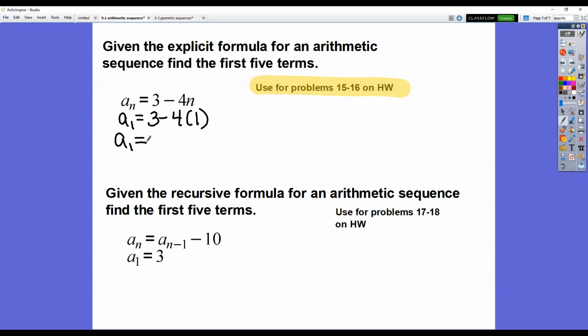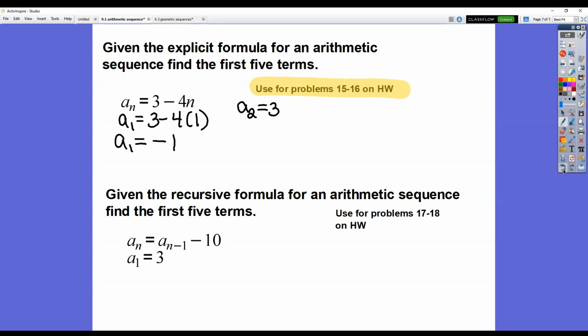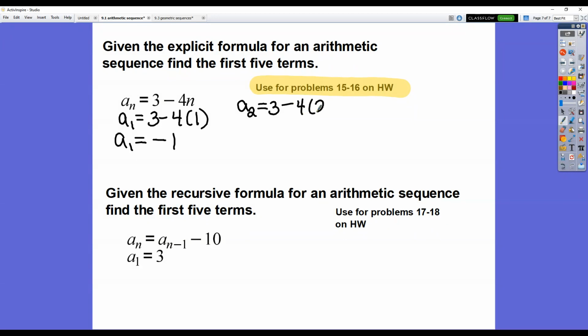So 3 minus 4 would give me -1. Okay, there's the first term. If I want the second term, I plug in 2 for n. Okay, so 3 minus 4 times 2 would be -5.